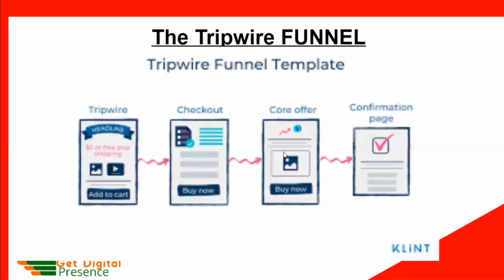So the third and final funnel I'm going to talk about in this presentation is the tripwire funnel. Now, the tripwire funnel is designed to ensure that you get people to walk into the door quickly. You're selling a product of $1,000, or even $500.